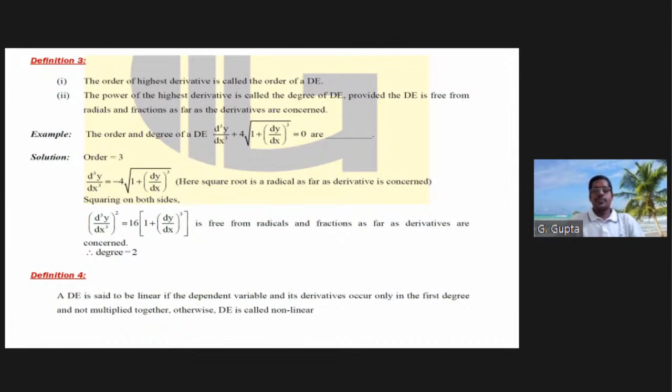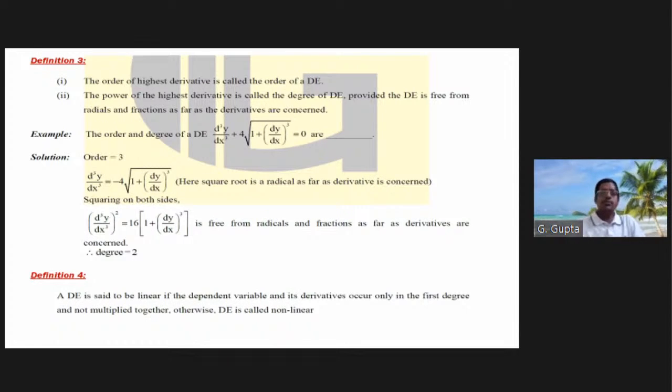Some people call it a complete solution also, but I don't accept that; I want to call it the general solution. In the general solution, if you give some values to the arbitrary constants, the solution so obtained is called a particular solution. Usually the arbitrary constants are denoted by C1, C2 or K1, K2, A, B, C, etc.